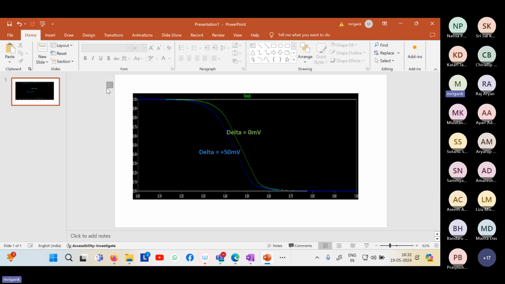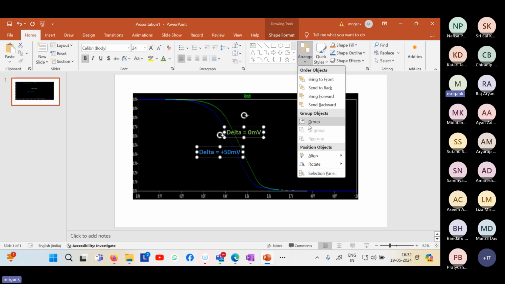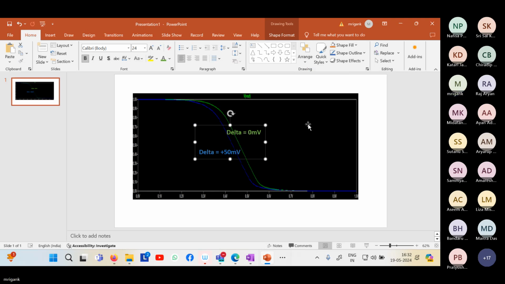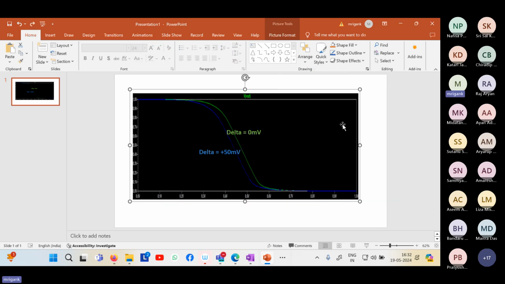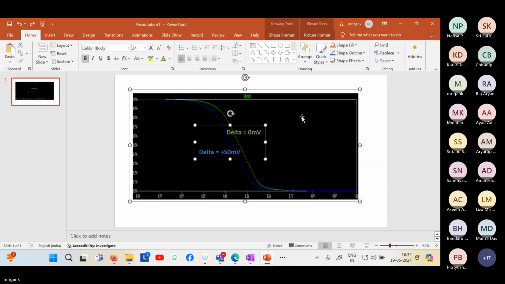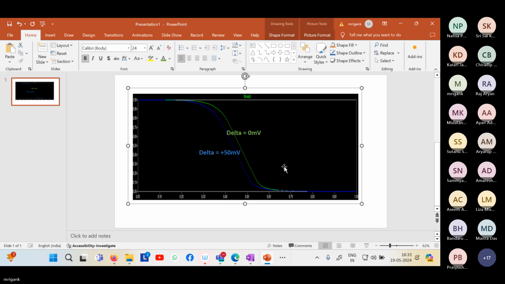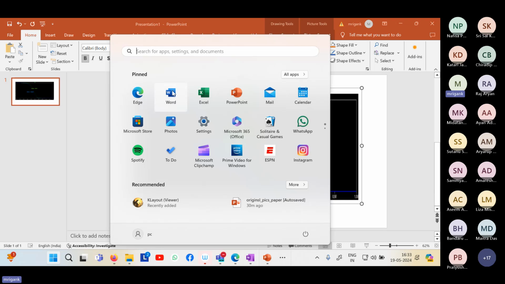And then I take the whole thing. I can group it also. And I can paste this entire thing in the document. So wherever, if you have a Word document, you can go back.